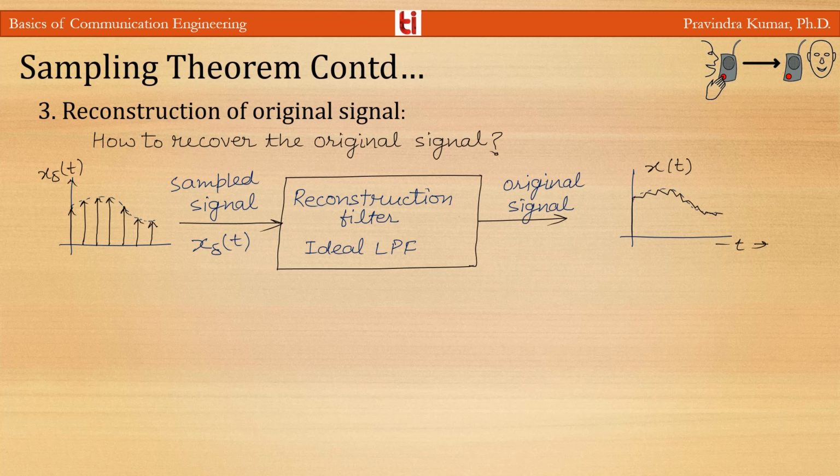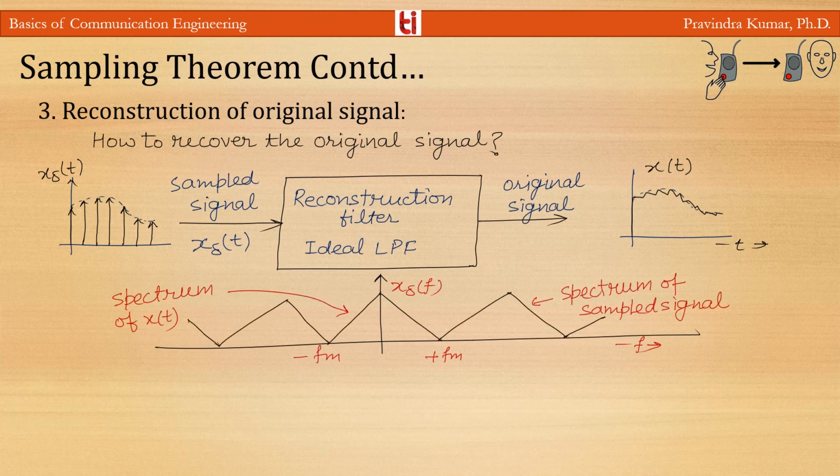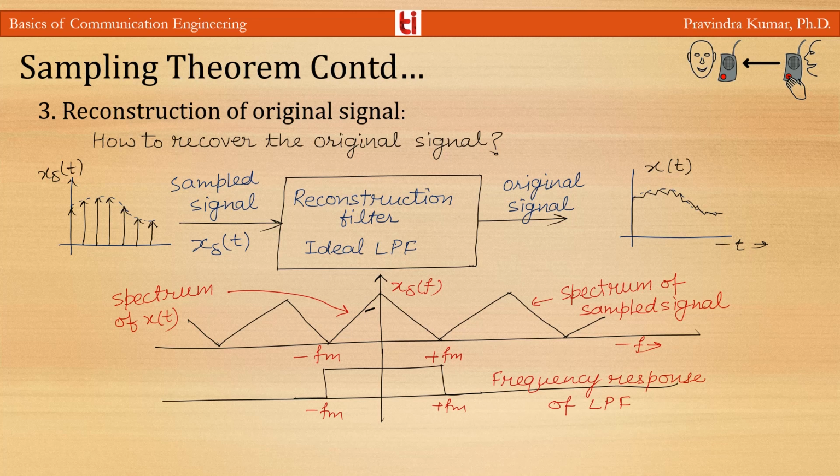When the sampled signal x_delta(t) is applied to the input of an ideal low pass filter or reconstruction filter, this filter allows only the shaded portion. So if this is the spectrum of the sampled signal, and this is the frequency response of the low pass filter, and this is the shaded spectrum, the filter will allow only the shaded portion in the spectrum of the sampled signal to pass through to the output, as in the figure.